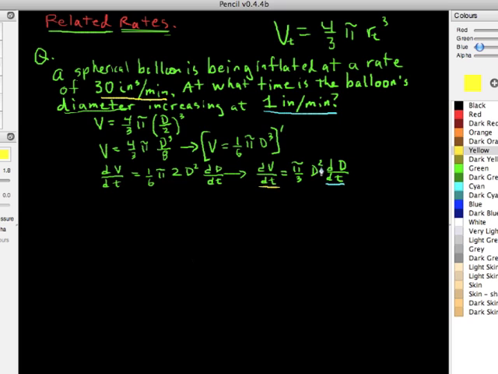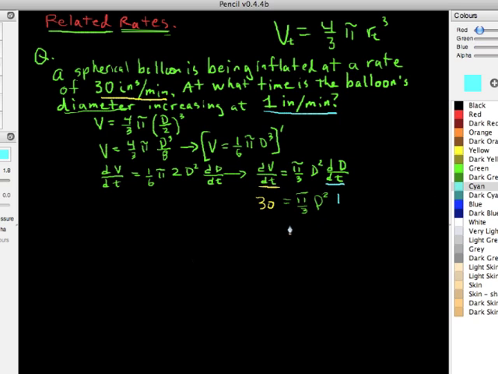So we can solve this for d squared. Let's put it right in here. dV/dt is 30, and we should make sure that the units are the same. We're talking about inches and minutes, so we're okay there. That is equal to pi over 3 d squared, which is what we're going to get out, times dd/dt, the derivative of the diameter with respect to time, and we say that that's 1.